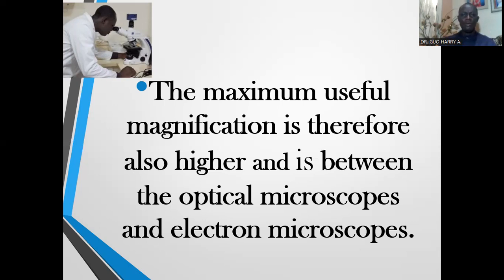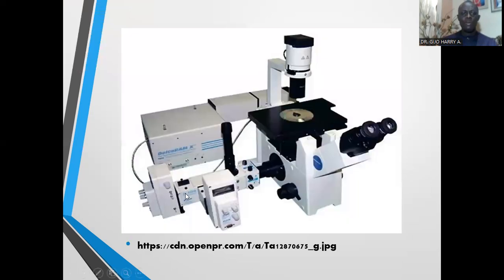Now here is a picture of an X-ray microscope, a microscope that makes use of X-rays.